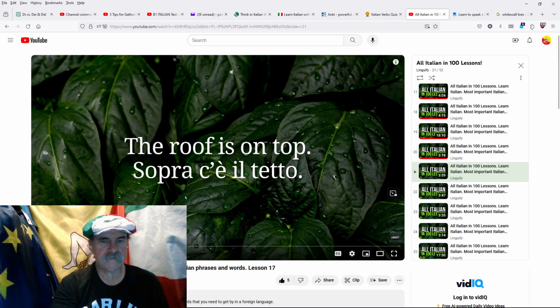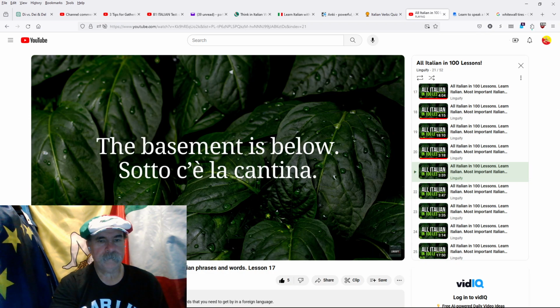Sopra is where it is. Sul, because sul was on top of, right? So I guess this would translate to something like, on top there is a roof. Il tetto. The basement is below.